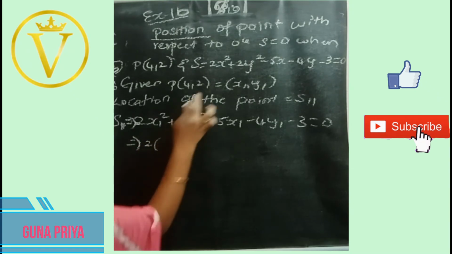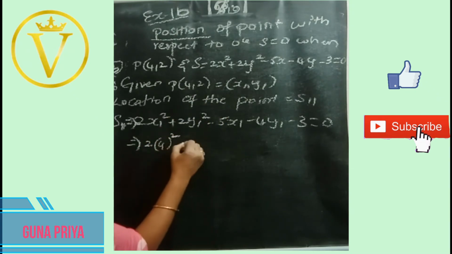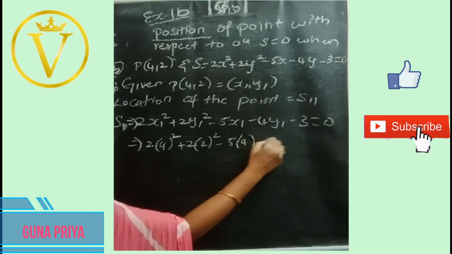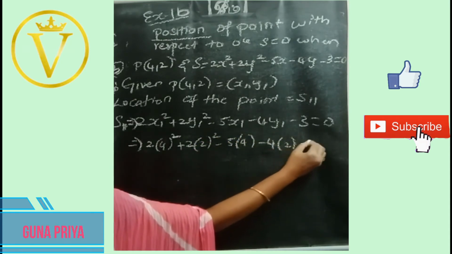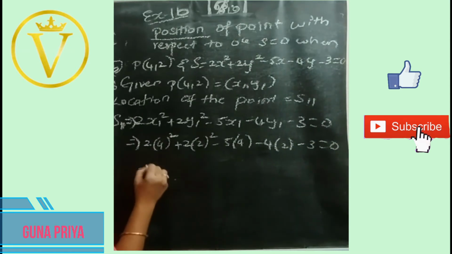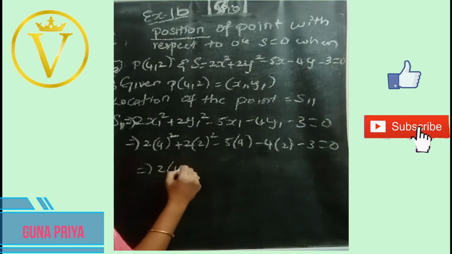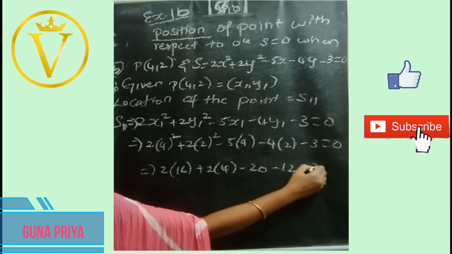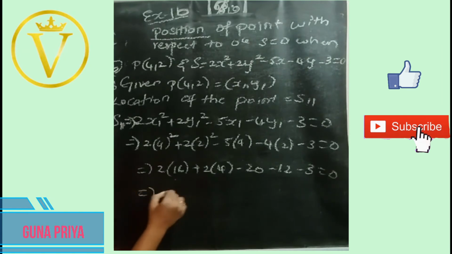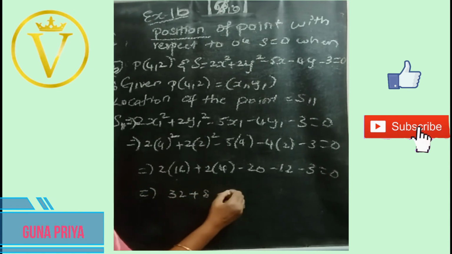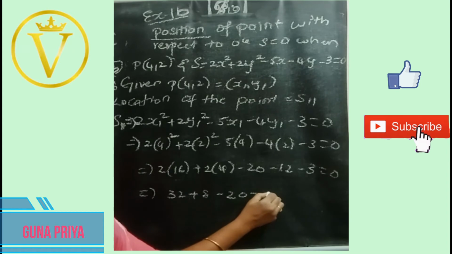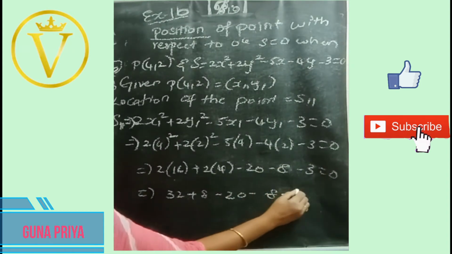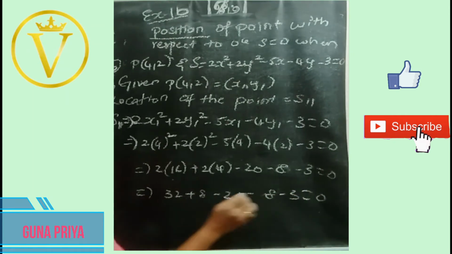Now substitute x1 here, 4, 2 into 2 whole square minus 5 into 4 equals 0. So 2 into 16, 32 plus 8, minus 4 2s are 8, minus 3 equals 0.